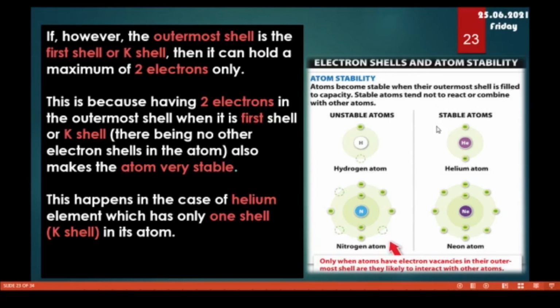This happens in the case of the helium element. Helium has 2 electrons only, so the K shell is fully filled. This is an example of a stable atom, because it has only one shell.